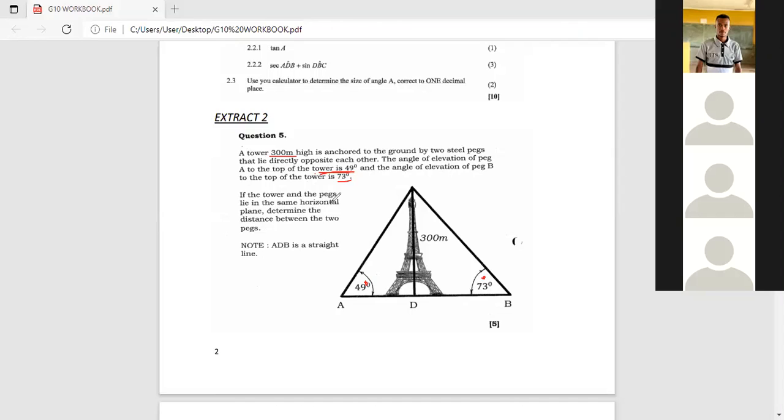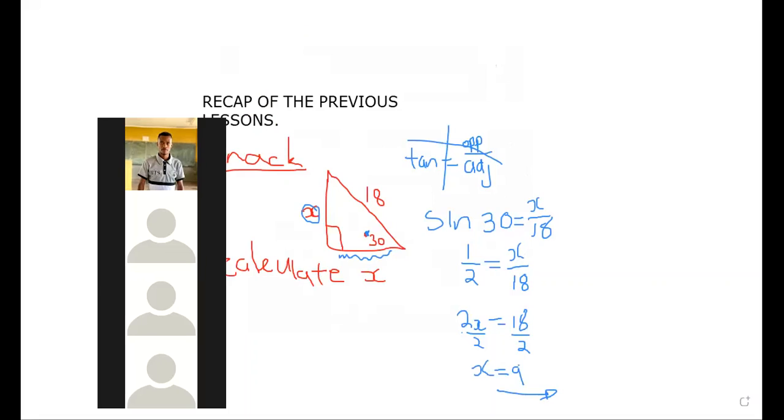If the tower and the pegs lie on the same horizontal plane, determine the distance between the two pegs. If we're talking about planes, guys, for example, I can have a diagram like this one, just to elaborate on planes.